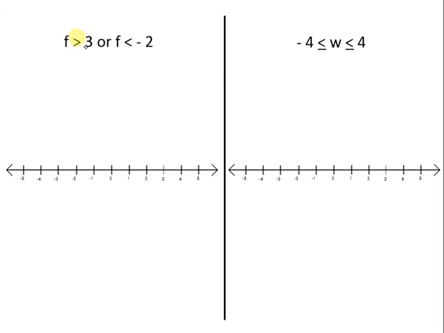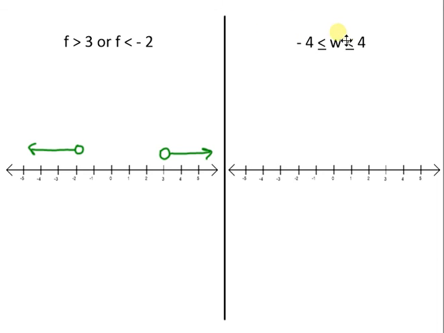All right, here I have an or statement. f is greater than 3. And then f is less than -2. And again, make sure that your or statements always go in the opposite direction.